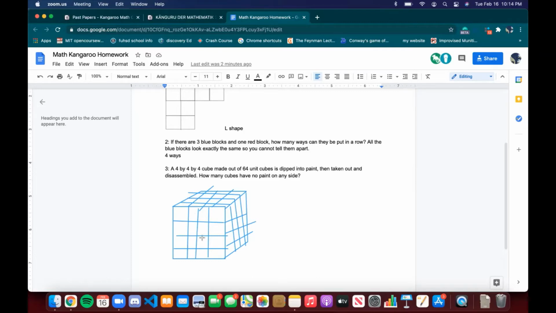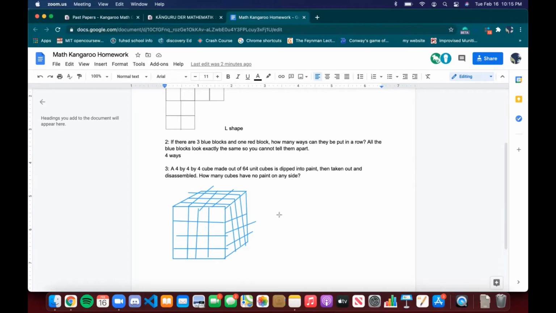But then the middle 2 layers is also surrounded by paint, so we take off the top 2 layers. Then we have a 2x2x4 rectangular prism. And then the last 2 faces are also covered in paint. The 2 faces that were still on the outside. So remember to remove that 2x2 and this 2x2, so we end up with a 2x2x2 in the middle.